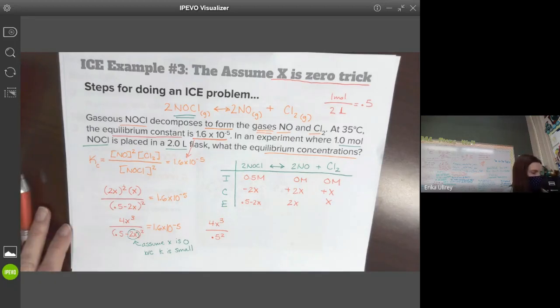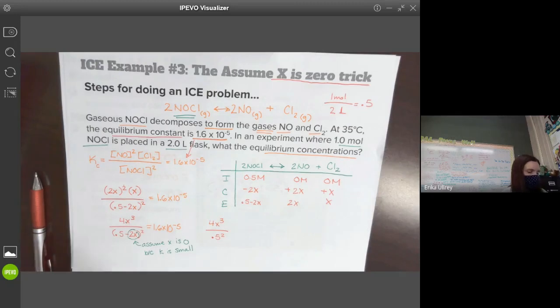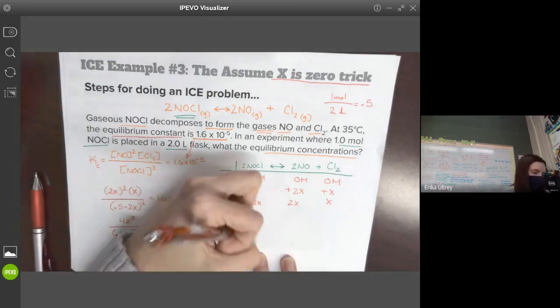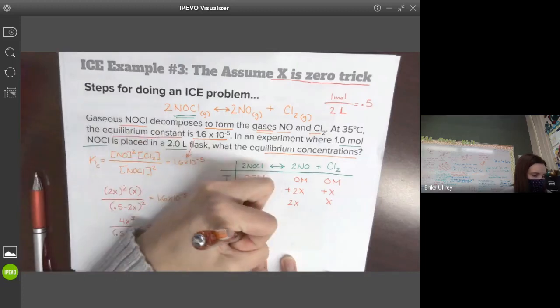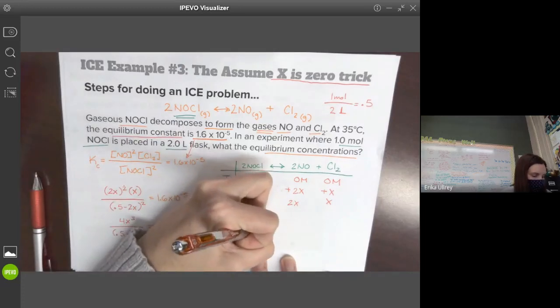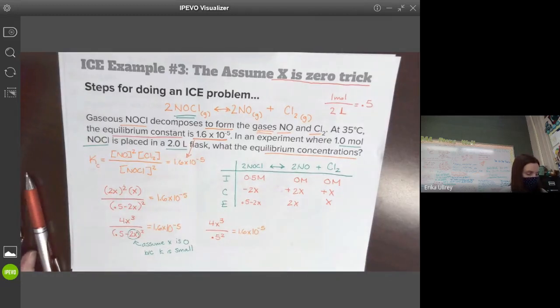So now this becomes a lot neater and nicer to do our algebra and our solving. So we've got our 1.6 times 10 to the negative fifth, and so we can multiply this through. So 0.5 squared times 1.6 times 10 to the negative fifth.